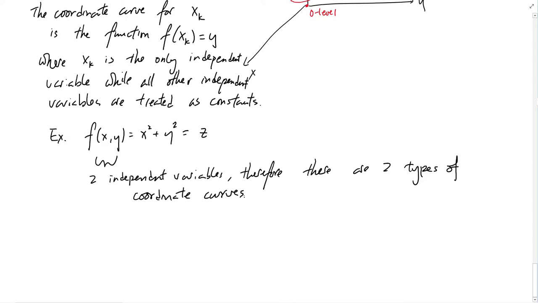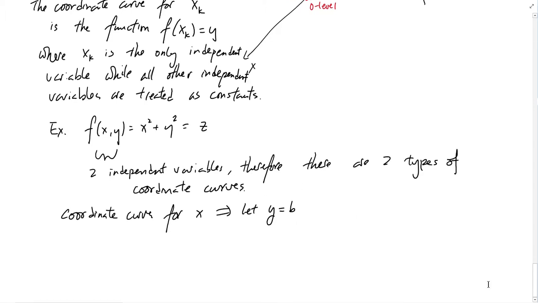Okay, so now let's show you what the coordinate curves are. Let's start with the coordinate curve for the variable x. What that means here is that for variable x, we will let y equal some constant b. We don't know what this constant is.